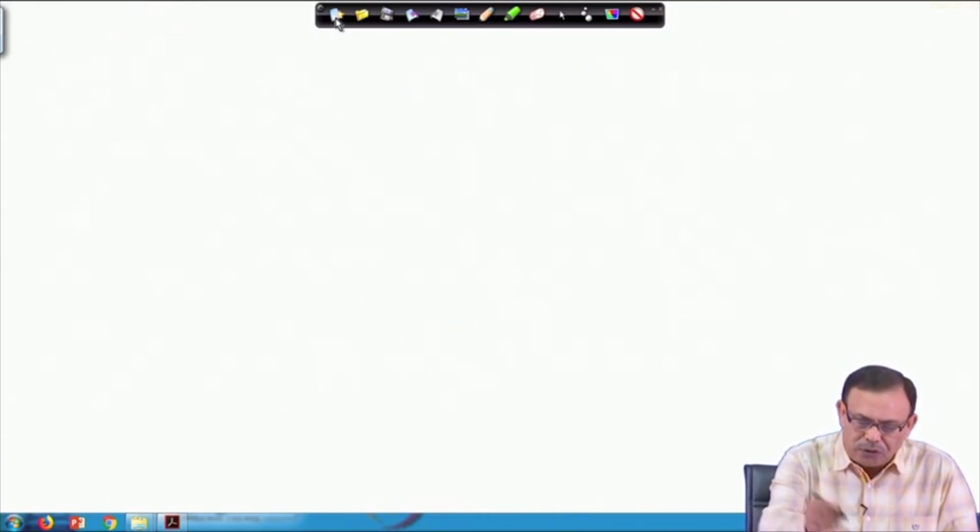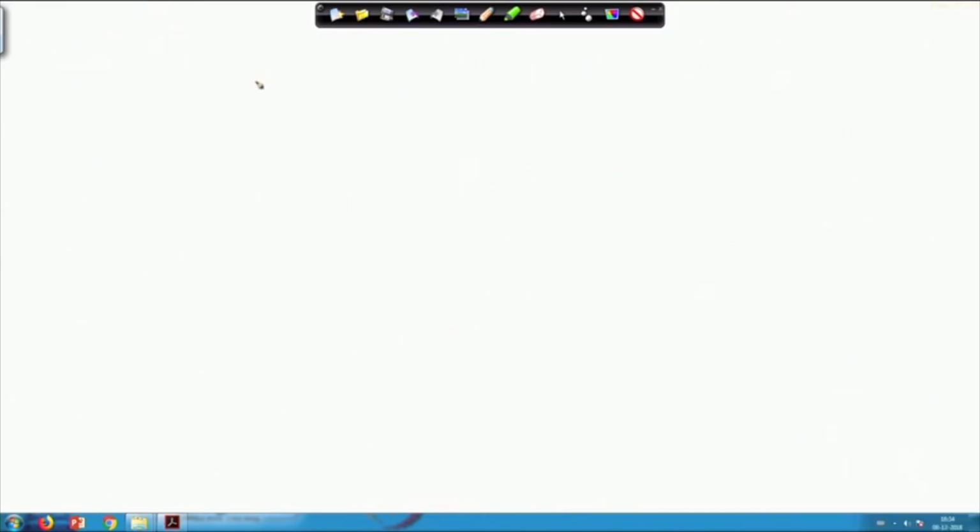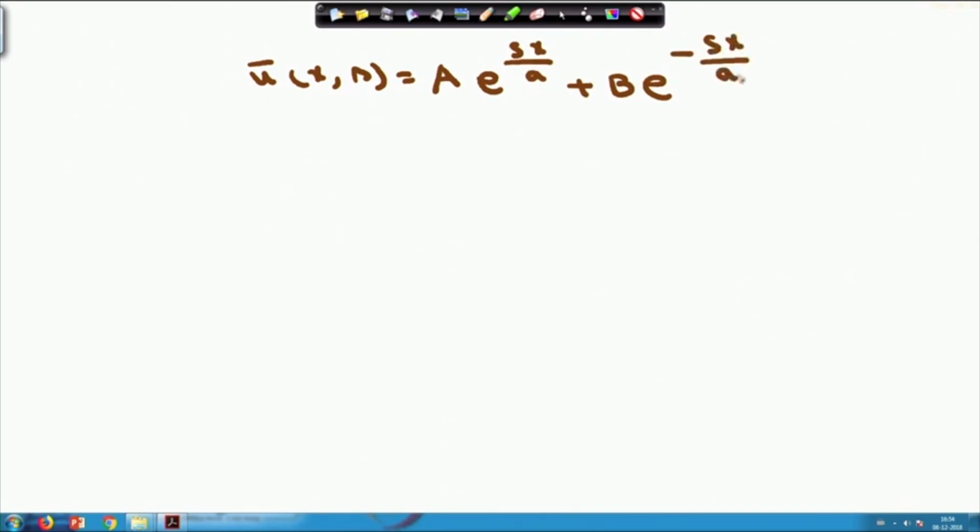So, now the solution of this, directly you can write down, u bar x s equals A into e power s x by a plus B into e power minus s x by a. Say this is equation 1.